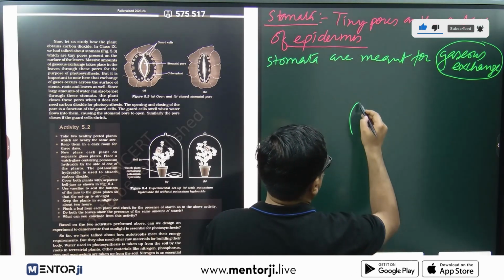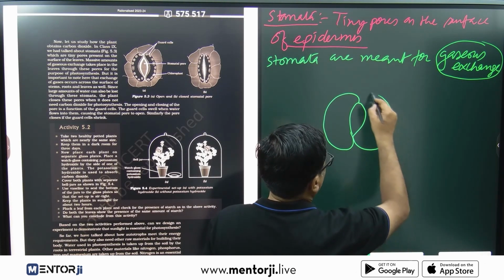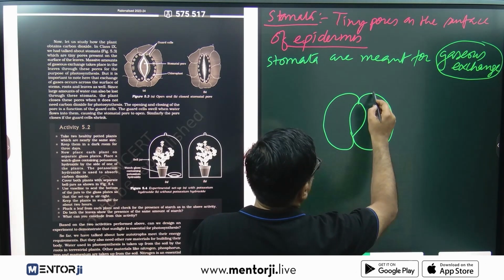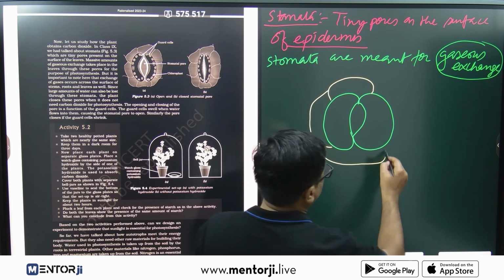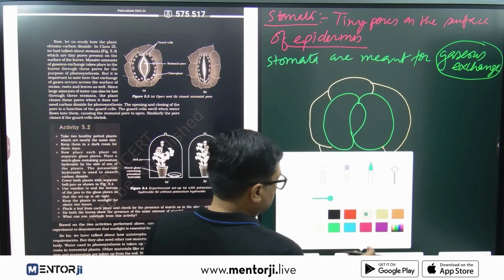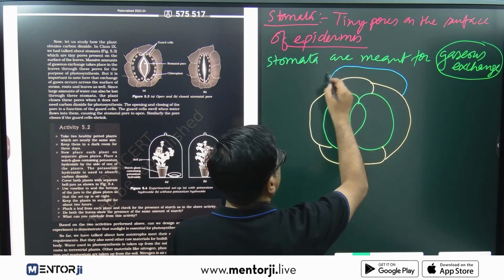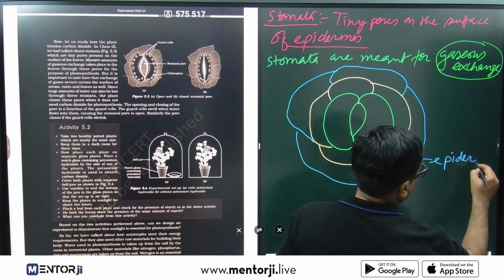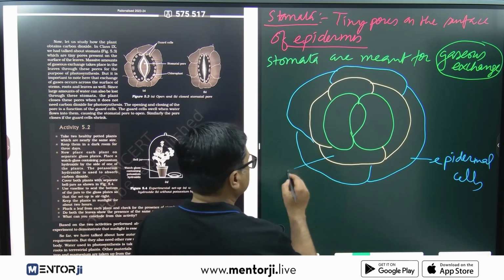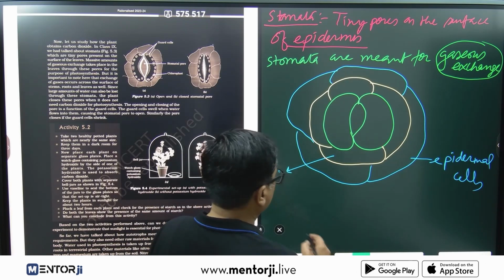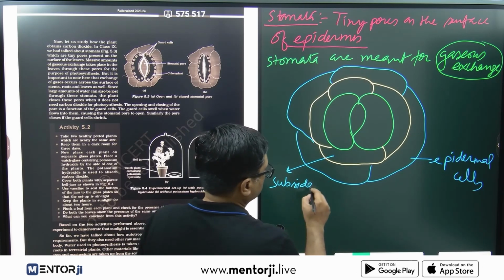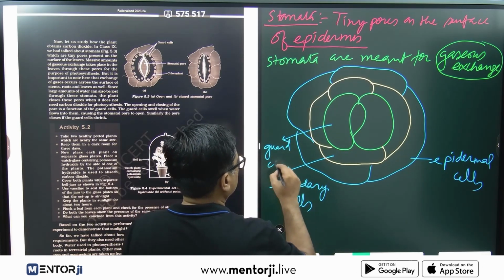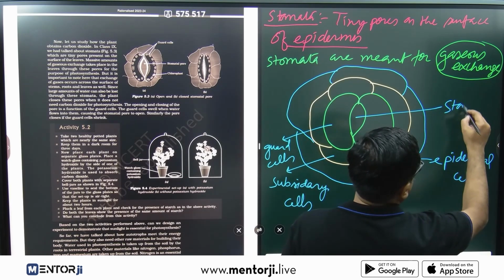If we take the open stomata diagram, you can see the stomata, guard cells, and outside these the subsidiary cells, and then the outside epidermal cells. These are the epidermal cells, these are the subsidiary cells, this is the guard cells, and that is the stomatal aperture.